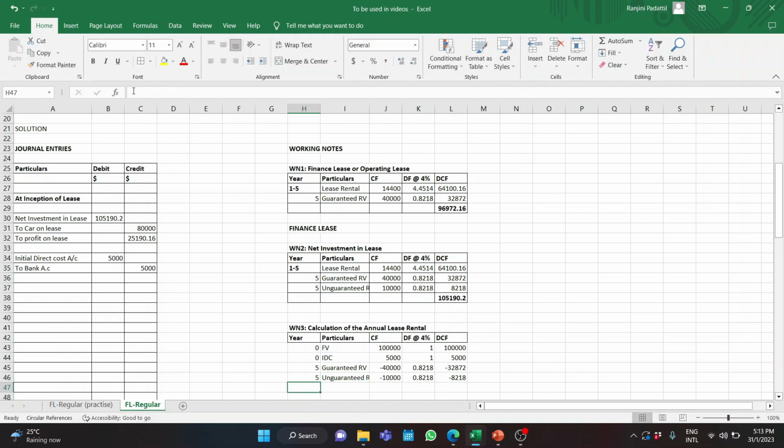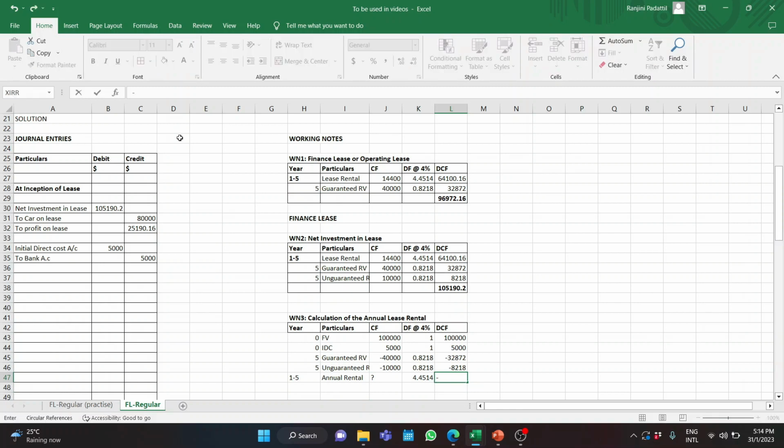And now I come to what should my annual rental be. I do know that the annuity factor is 4.4514. And I also know what this amount should be. How do I know? I want the sum total of this to be 0. I want to get exactly the fair value plus initial direct cost.